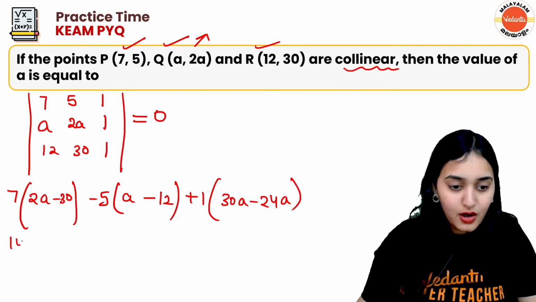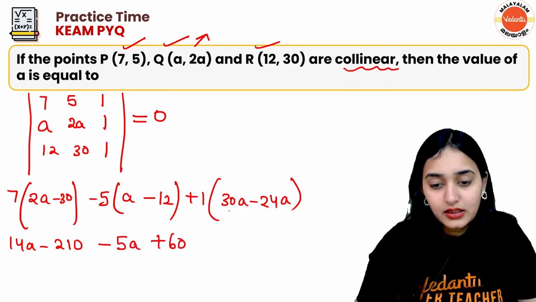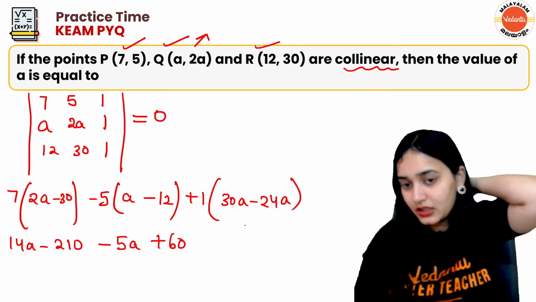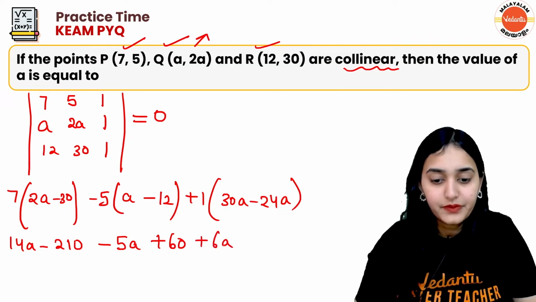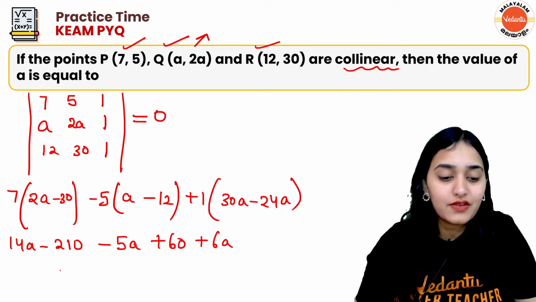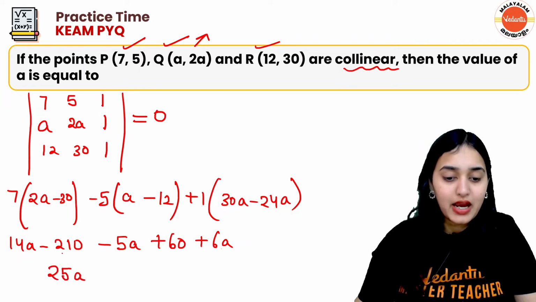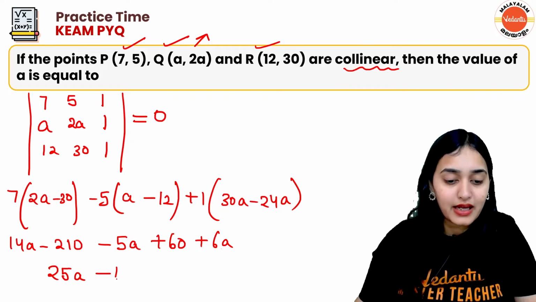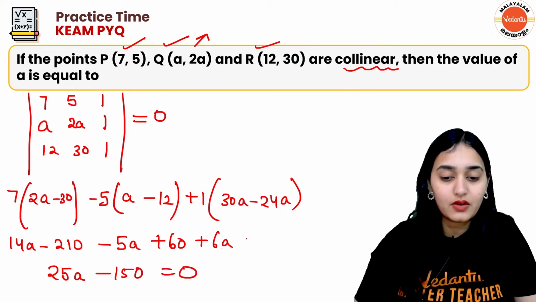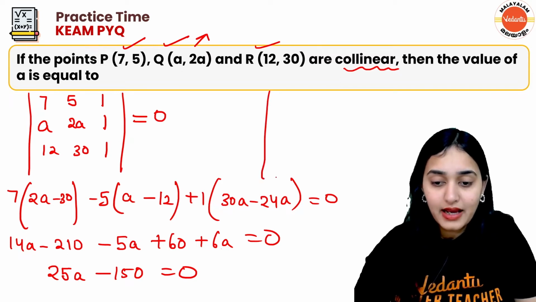Now solve it. 14a, 210, 5a, 60, 30 minus 24 is 6a. So it is 6a. Now 6a and 14a is 20a. 20a minus 5a is 25a.